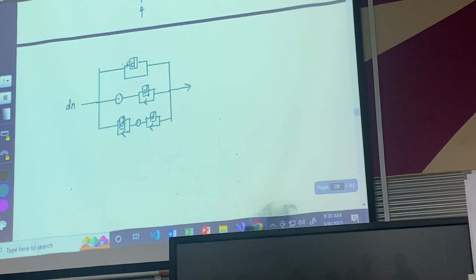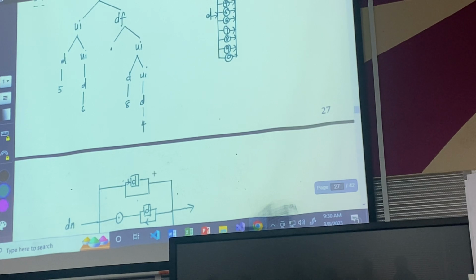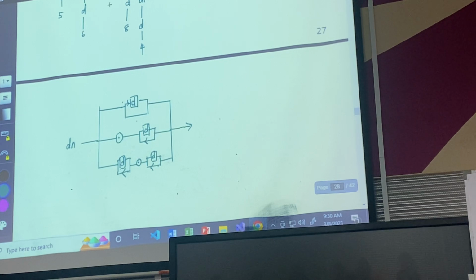So replace the D here with this one. This whole thing, you draw yourself. So this one, the digit, you need to replace with 0, 1, 2, 3, 4, 5, 6, 7, 8, 9. Every digit here, you need to replace with these 9 digits. Then only that is the complete master diagram.